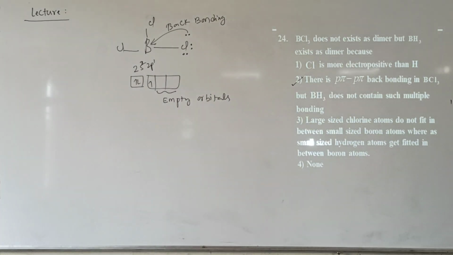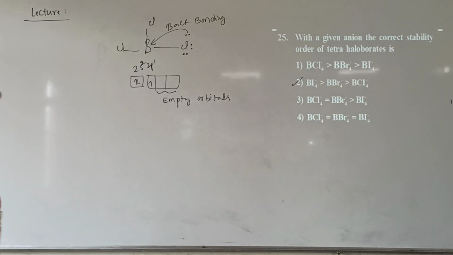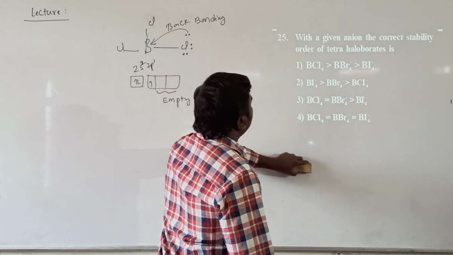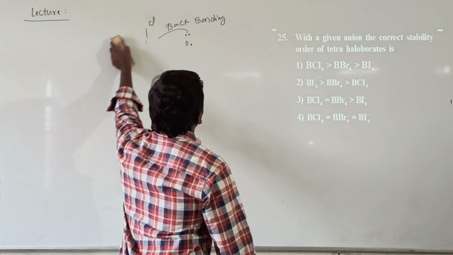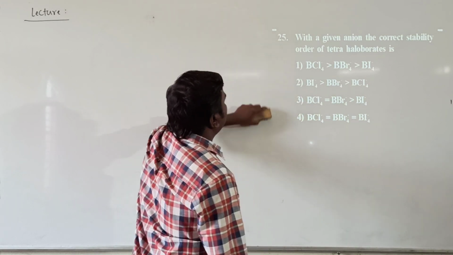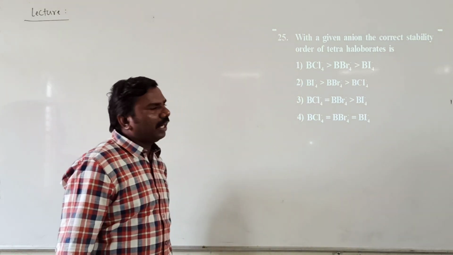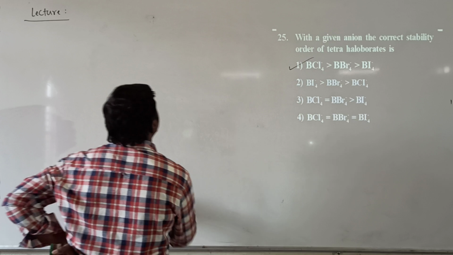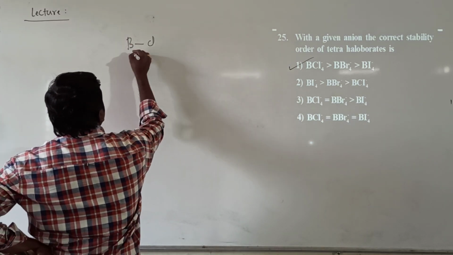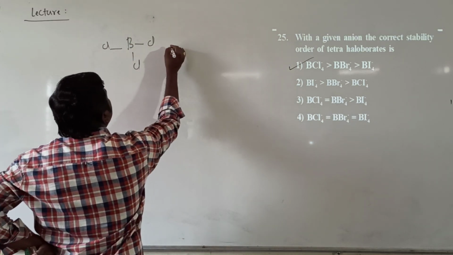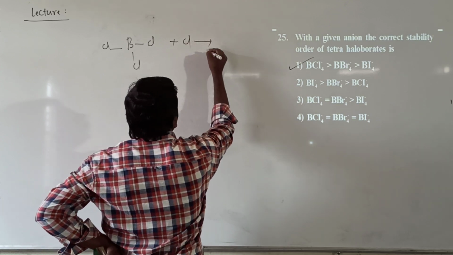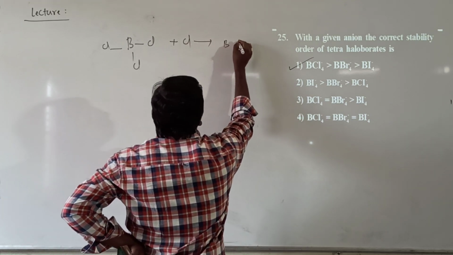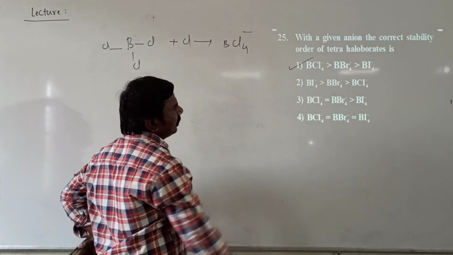Next. With a given anion, the correct stability order of tetrahaloborates. Again, BCl3 plus Cl gives rise to BCl4 minus.